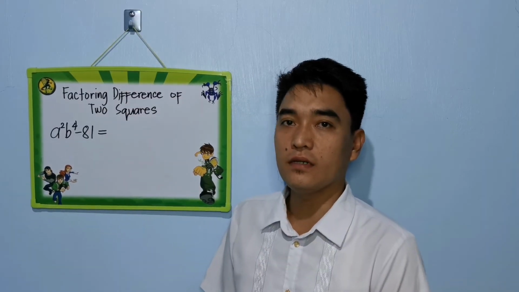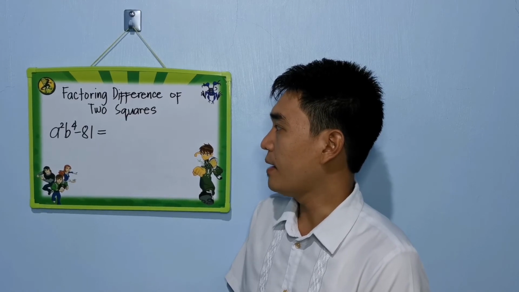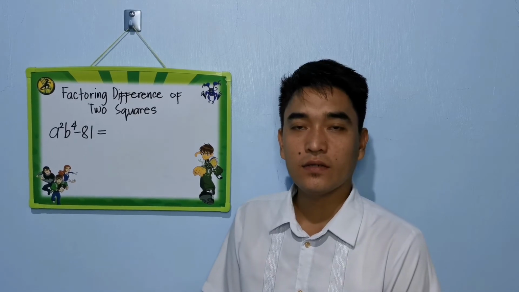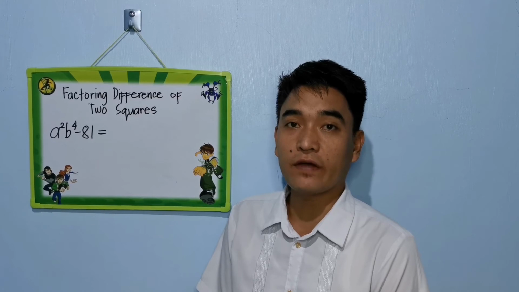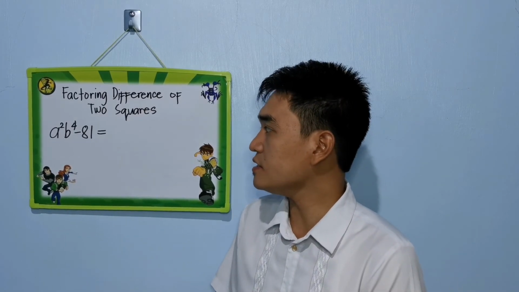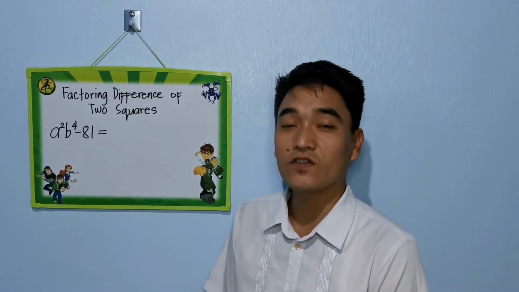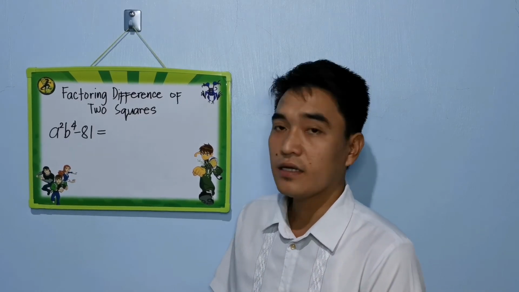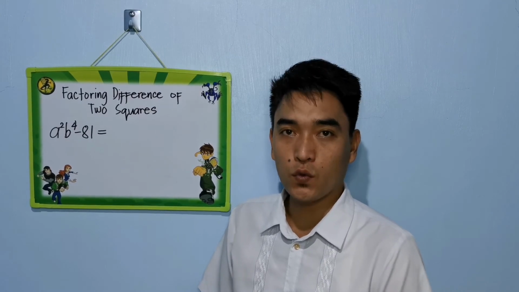Our third example is a squared b to the 4th power minus 81. Again, we have to identify if the two terms are perfect squares. Are the two terms perfect squares? The answer is yes. So the next step is to express the two terms in square form, or in the power of 2.